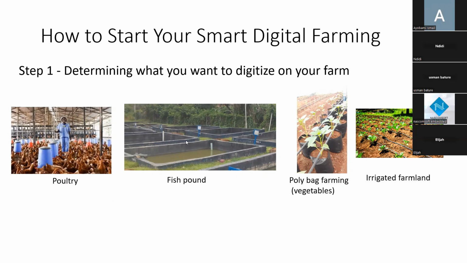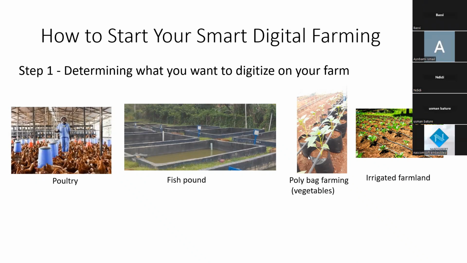So those are examples of farms you could digitize. Or you want to set up a vegetable farm where you deploy poly bags. Instead of planting on the soil, you deploy poly bags and you set up your irrigation system. Or you want to set up an irrigated farm. So maybe on your farmland, you already have a big farmland. You want to set up an irrigated farm.